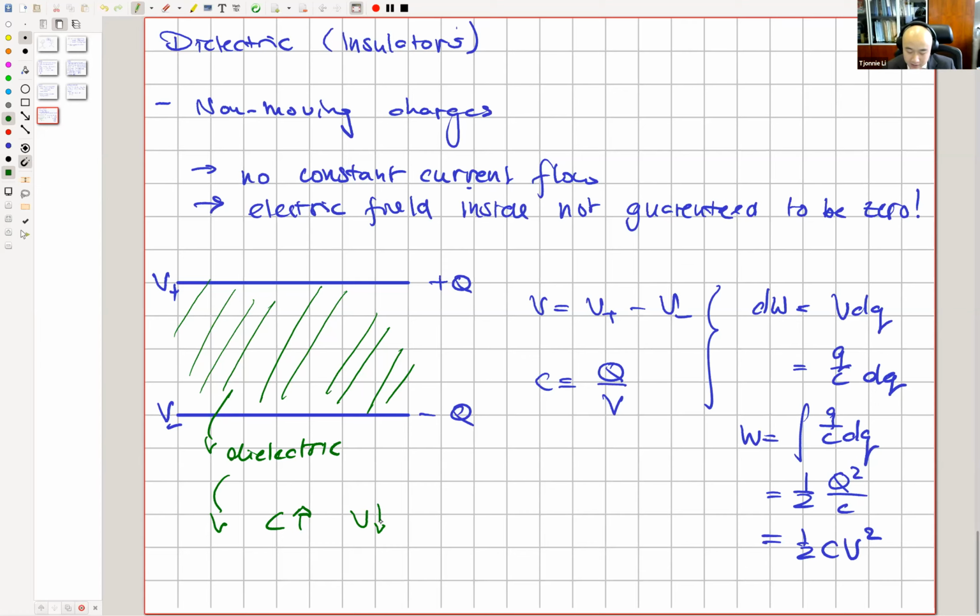So indeed, okay, C goes up, phi goes down. And so it's very tempting to think about it in a different way. When we talk about the vacuum, we have the epsilon naught, right? It's a constant of proportionality.